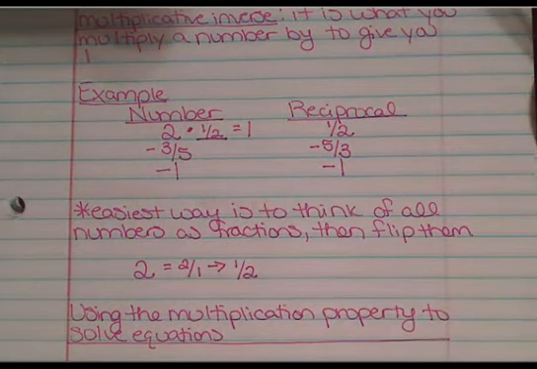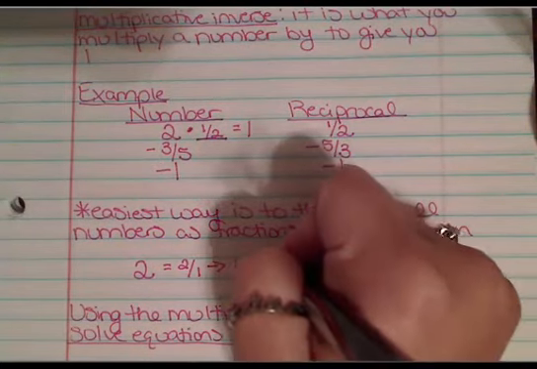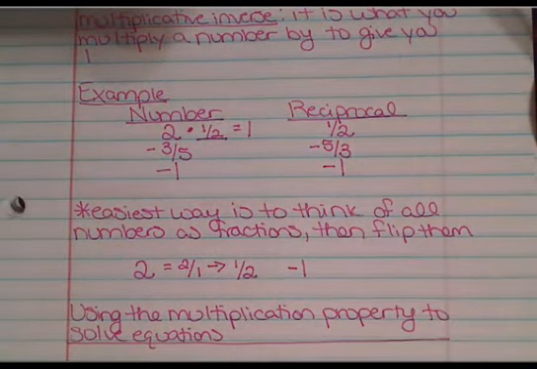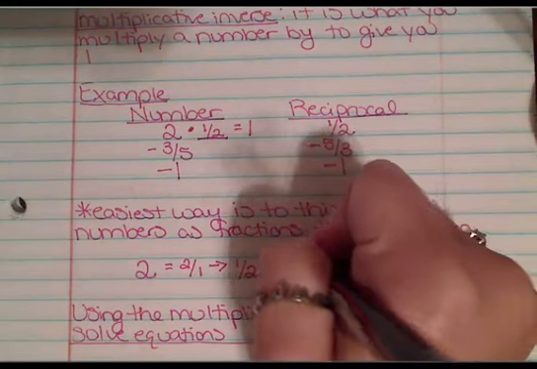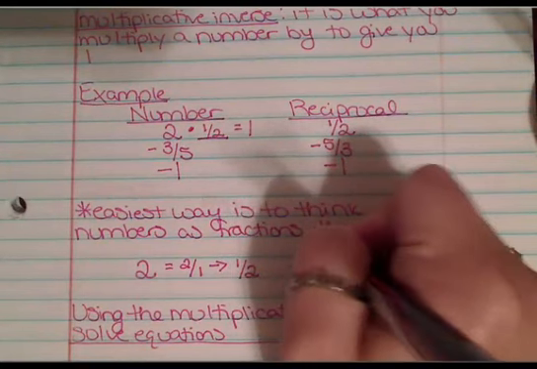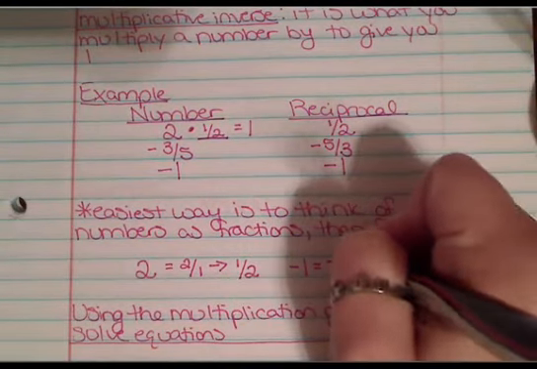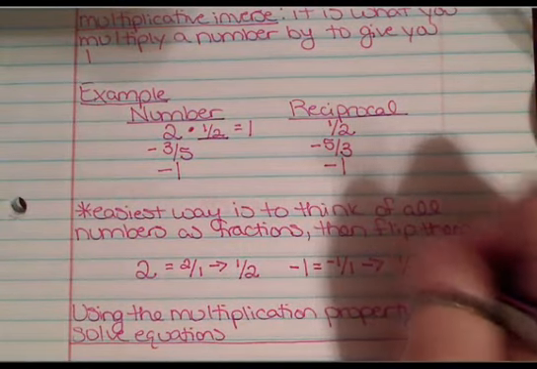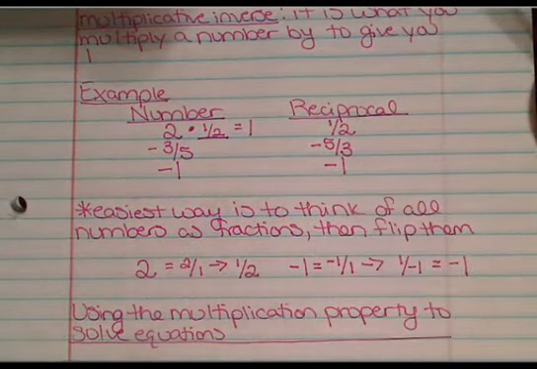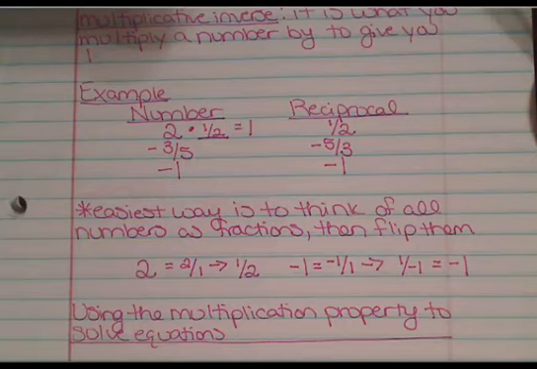And that's what we got up there in our example. You can see the same thing with -1. If we write that as a fraction, that's the same thing as -1/1. If you flip that to get your reciprocal, you're going to get 1/-1, which is the same thing as -1. So this is probably the easiest way to find the reciprocal of any number: just make sure it's written as a fraction and then flip it.